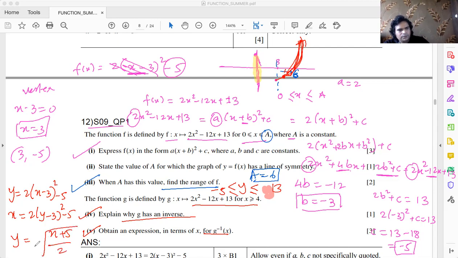Since we are retaining the right side of the vertex, out of plus or minus we take the plus sign. So 3 plus the square root of (x plus 5) over 2 is the inverse function. This is f inverse of x for the given graph.